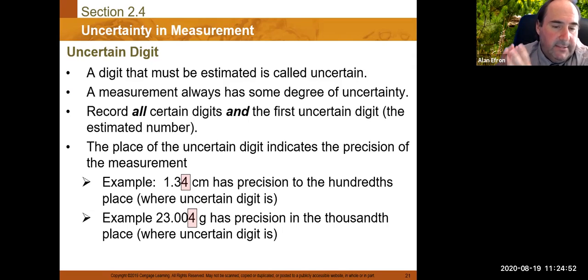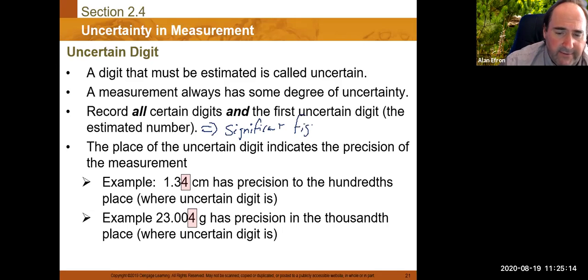When we record a measurement, it's always important to record all the certain digits first and that first uncertain digit. That is what is referred to as significant figures. So significant figures is when you take a measurement and you record all the certain numbers plus that first uncertain number. So what do we mean?